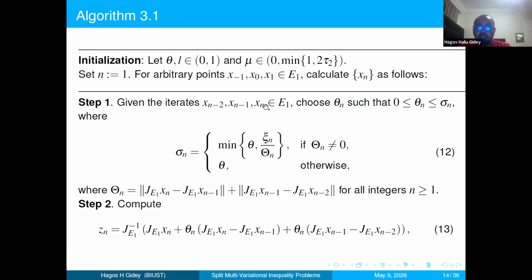If we use x_{n-1} and x_n, we call it inertia. But if we are using three of them, we call it double inertia. In this case, we have used double inertia. That means we are accelerating the algorithm, like a double acceleration.